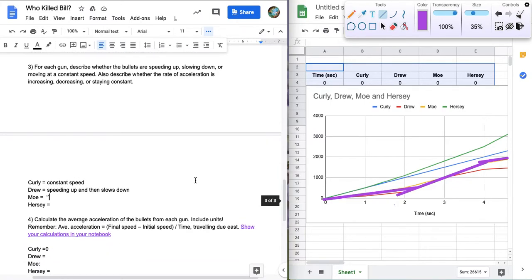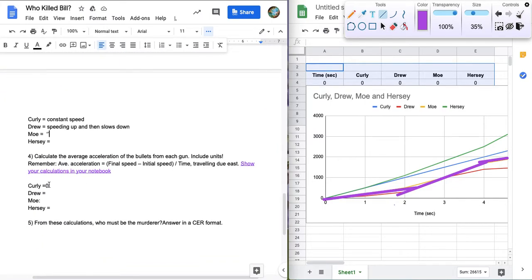Okay. Then lastly, and this is probably where some of you guys are having some issues, is finding the acceleration, because that's the last parameter. If you notice for Curly, I put 0 here because we observed that in the previous part. Let's erase this so that we don't get confused.